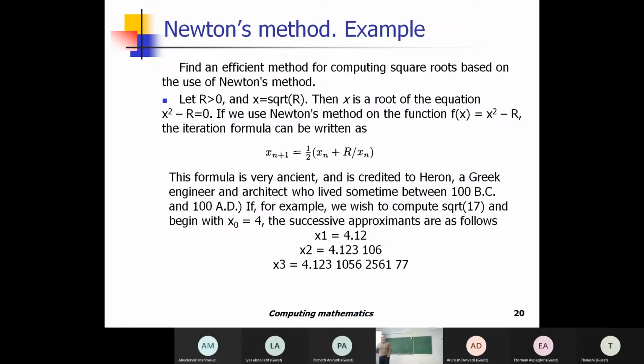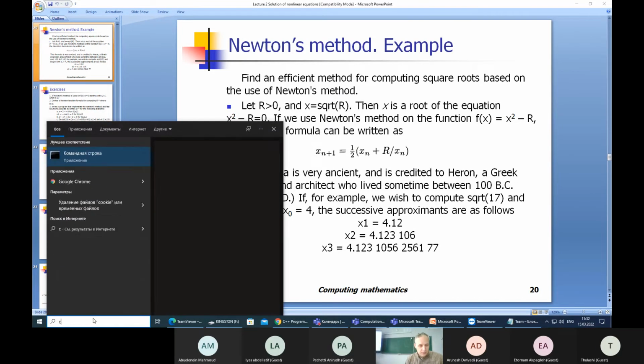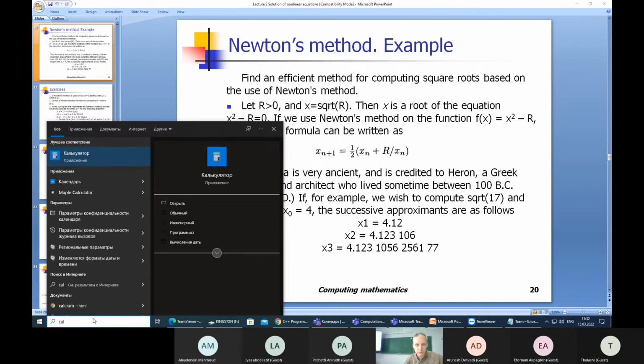Well, now compute the real value of square root of 3. Use your calculator and compute the real root using calculator. What is the real square root of 3?